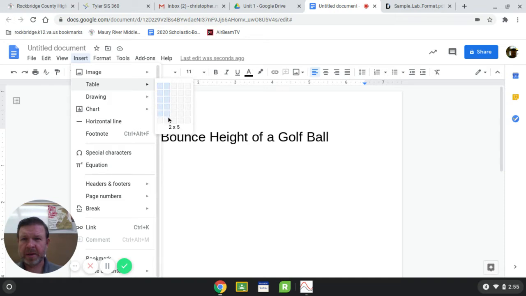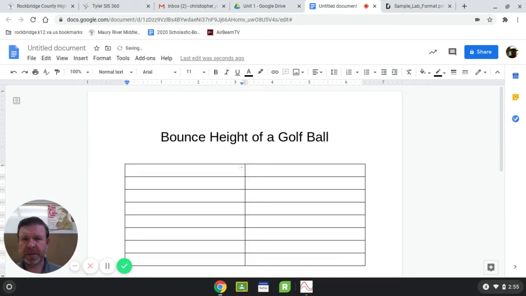So that means if I'm going to put little titles at the top, 2 by 7 would be good, but I think I actually need a 2 by 8 because I would like to put titles. So what I did was I picked some different drop heights that I measured in centimeters. So I'm going to put the name of my variable and then the units here.